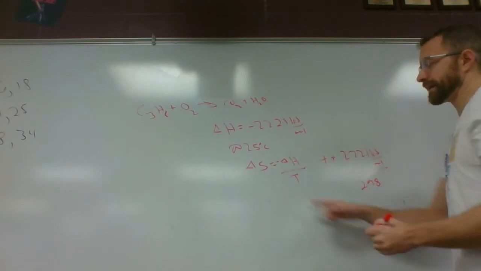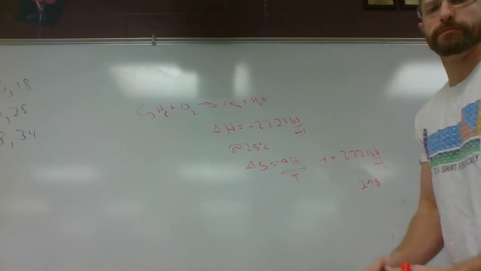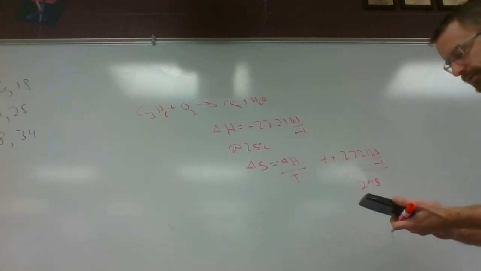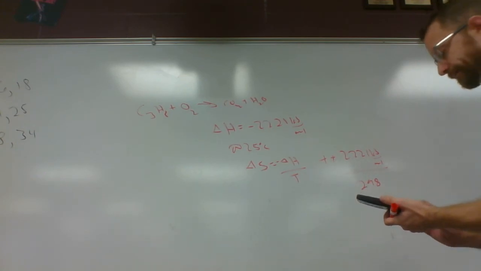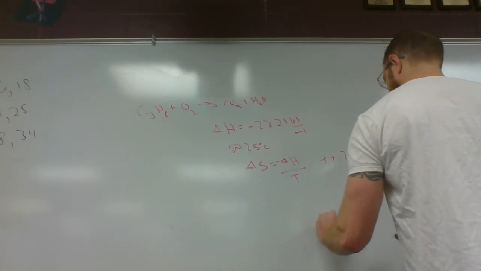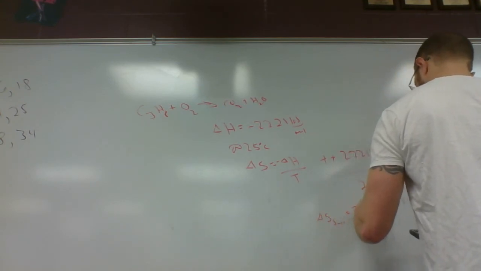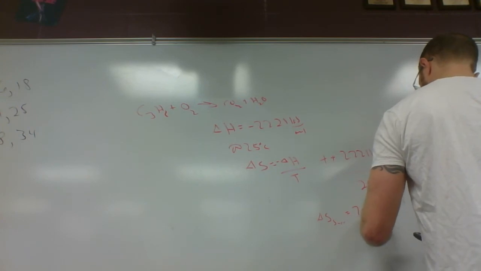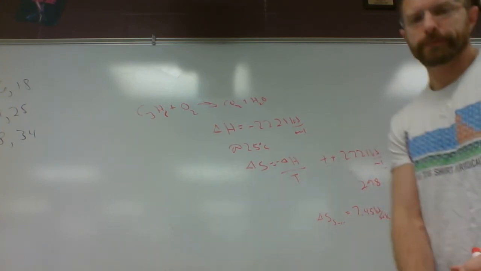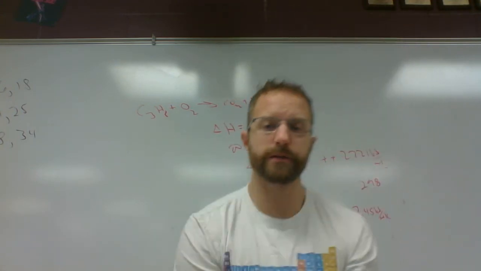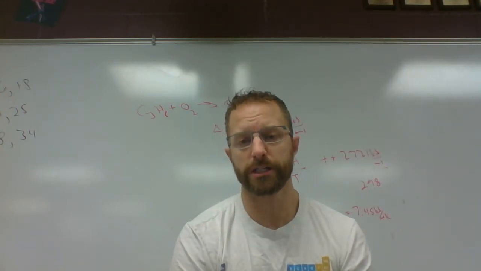That turns into a positive, which should make sense because the surroundings will be more disordered. So 2,221 divided by 298, our delta S of surroundings is 7.45 kilojoules per mole Kelvin. Right? Not too hard. So that means the surroundings are going to favor this reaction happening.